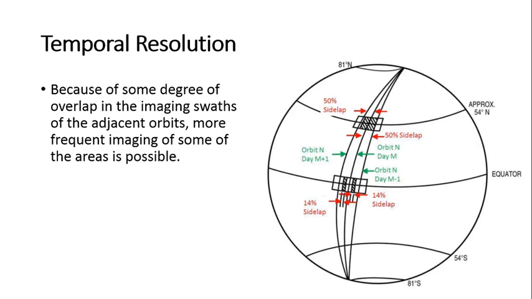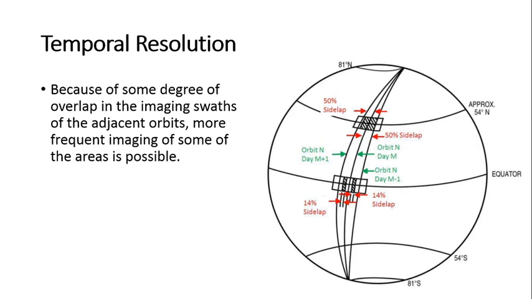EGNOS has a repeating cycle of 14 days, but it could focus on a certain point as per the requirement of the organization. Because of its pointable optics, it has a sampling frequency of 1 to 3 days at a certain location.